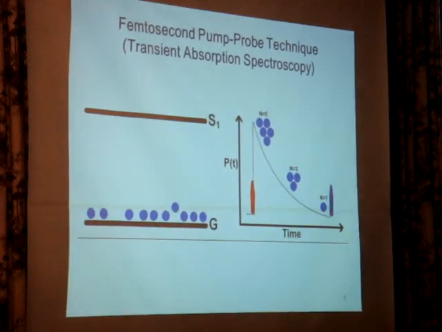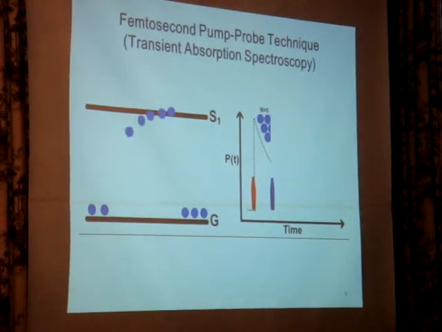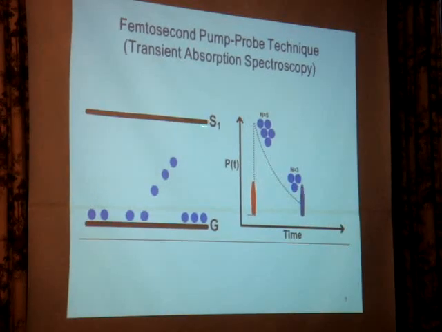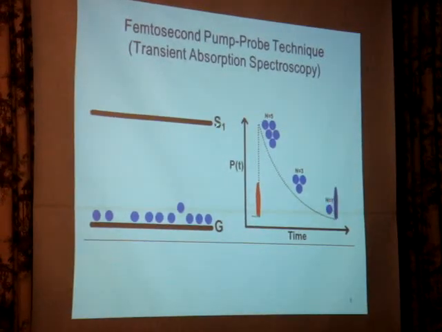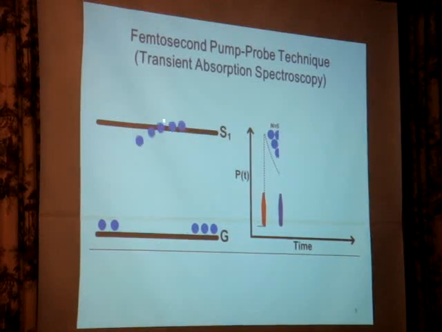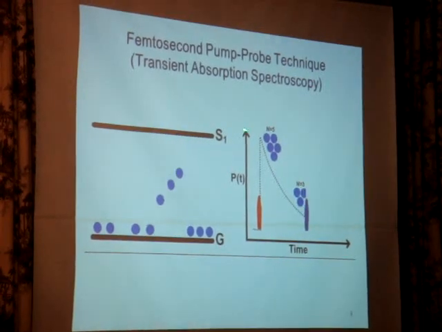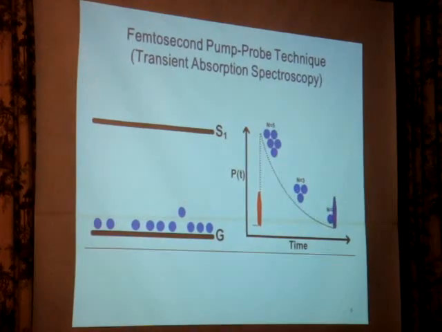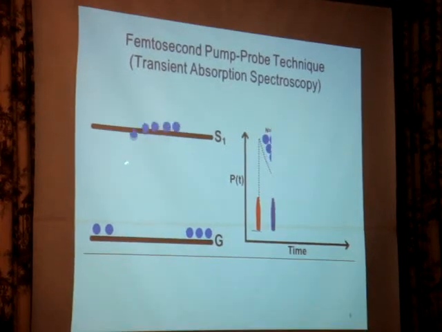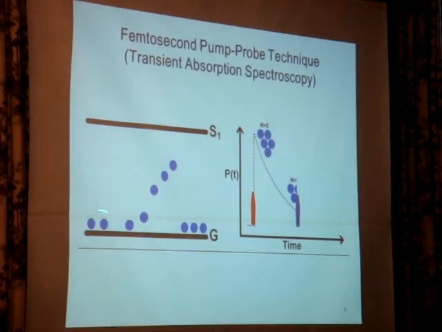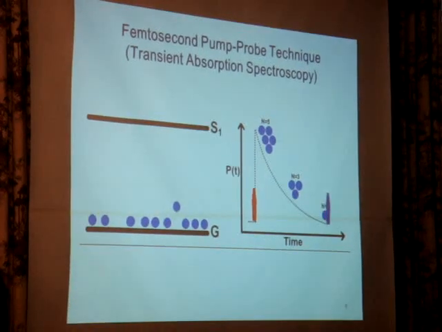And you will see a reduction of the absorbance because before the charge carriers relax, the excited state is partially occupied. You don't have more room to excite ground state carriers.